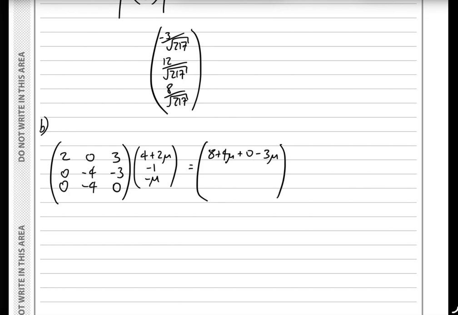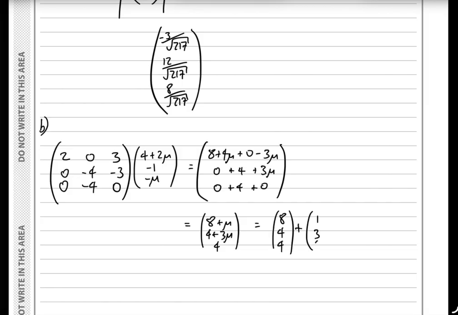Second row times the column, that's a 0 plus 4 plus 3 mu, and then 0 plus 4 plus 0, which is quite a nice set of numbers. And just put that back in the same format it had before. 8, 4, 4 plus 1, 3, 0 mu, is that what they wanted?